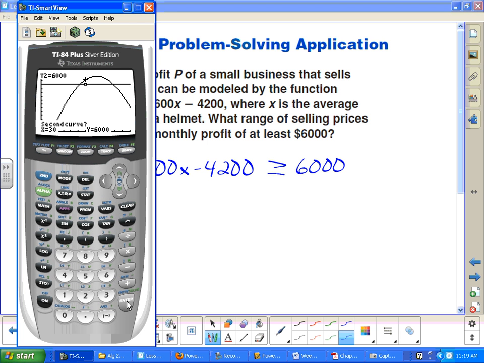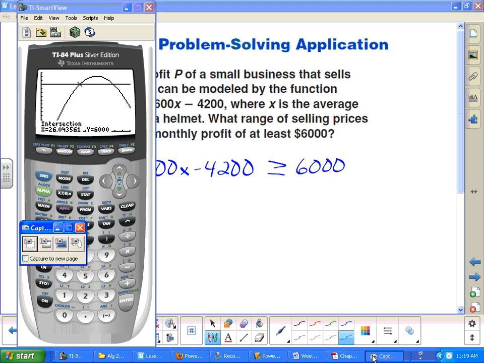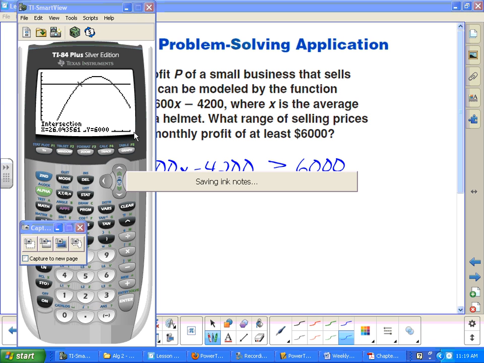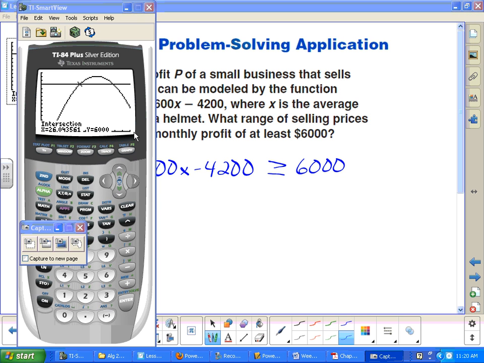All right, so our first curve was y1, second one's y2. And so here we get $26.04. That's our first intersection point. So then we find the second one. Second trace, number 5.